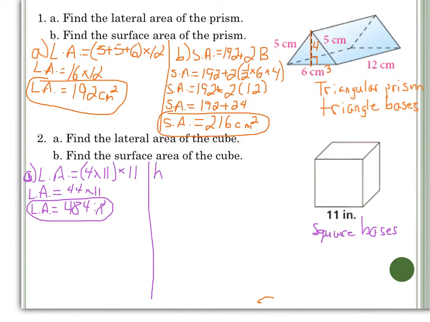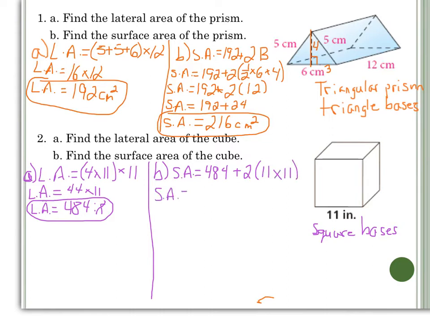And then for part B, the surface area, so that will be our lateral area, which is 484, plus 2 times the area of our base, and since our base is a square, that would be length times width, or 11 times 11.